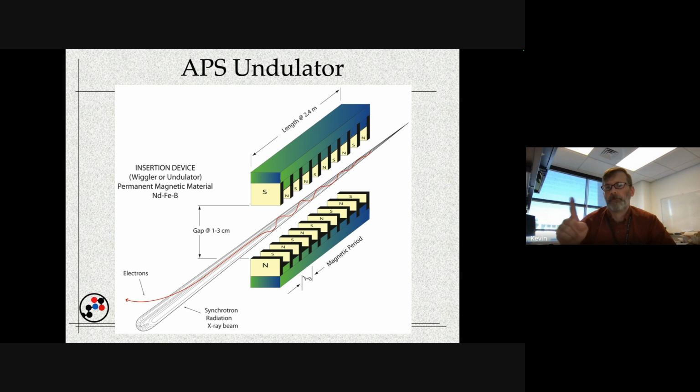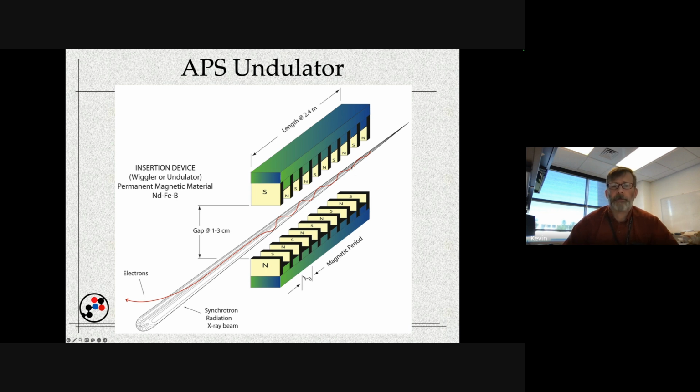The beam will move side to side very rapidly through this array, and every time it makes one of these directional changes, you get X-rays produced, all in a straight line through the center of the undulator.